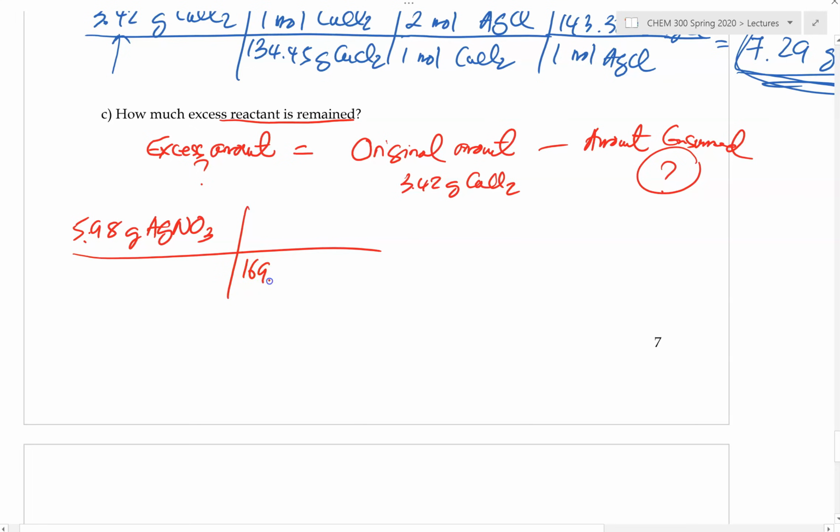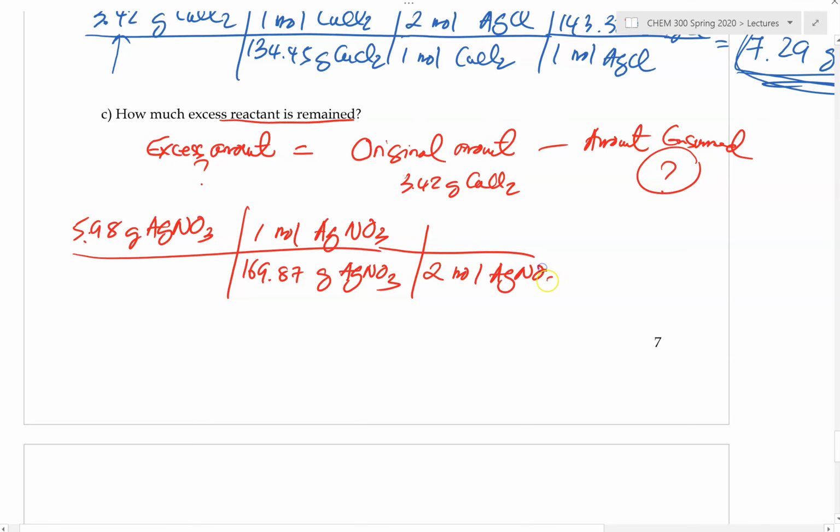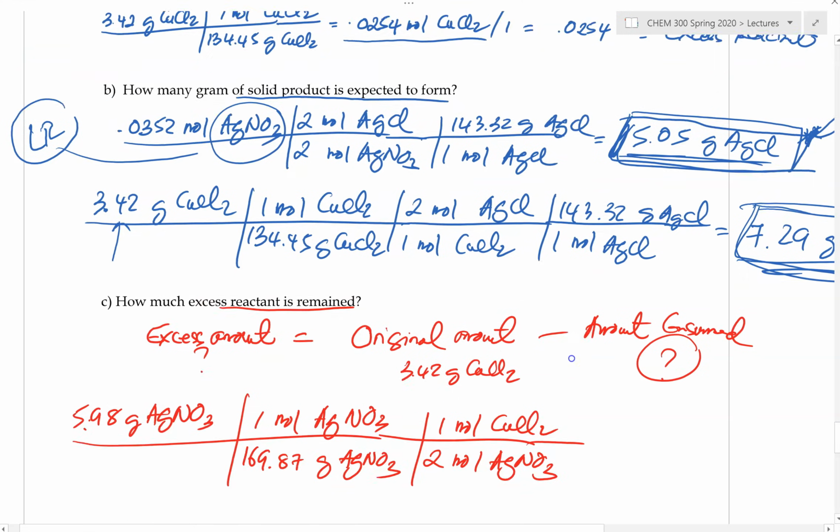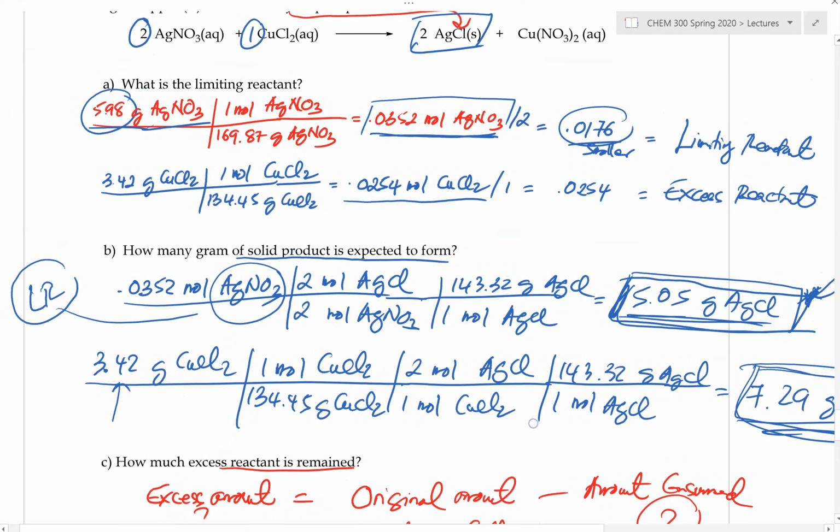So this is 169.87 gram of silver nitrate equal to 1 mole of silver nitrate. And now we can see that for every 2 mole of silver nitrate, it will require 1 mole of copper 2 chloride, because that would be the balanced equation right here. 2 mole of this require 1 mole of that.